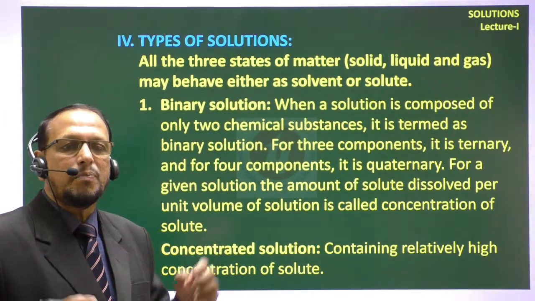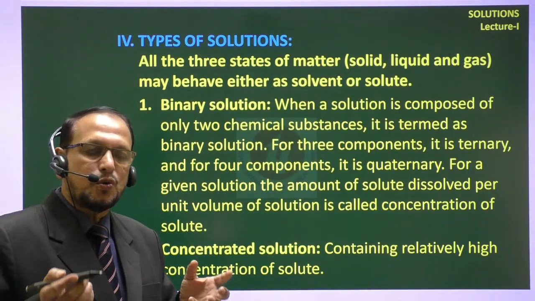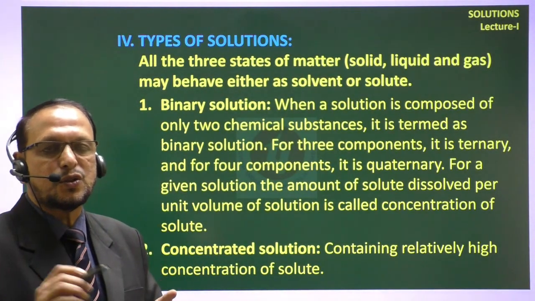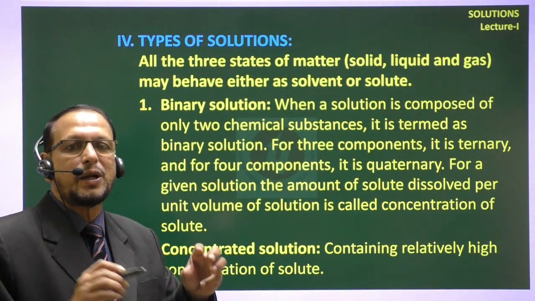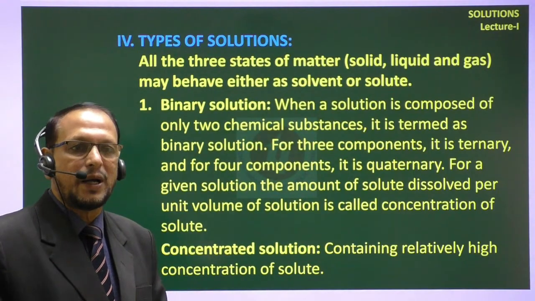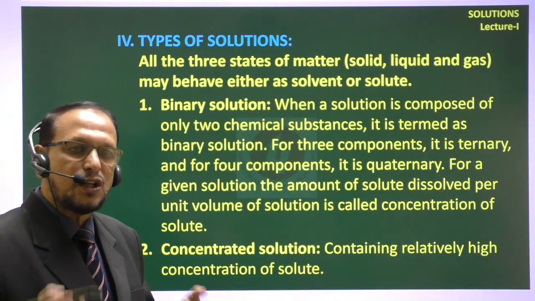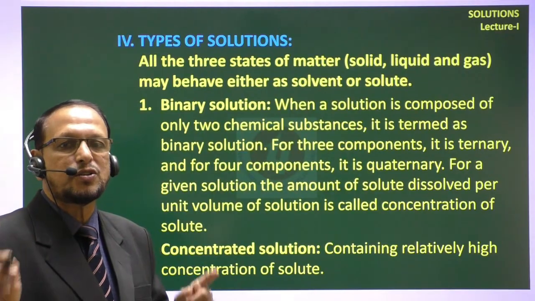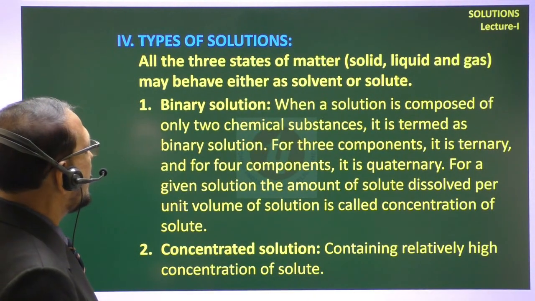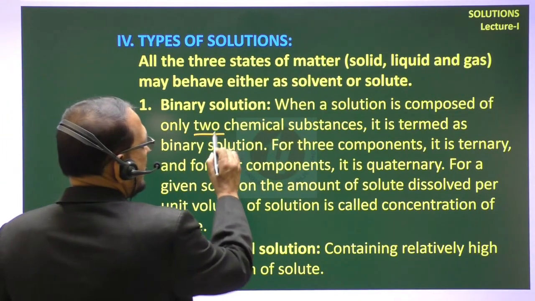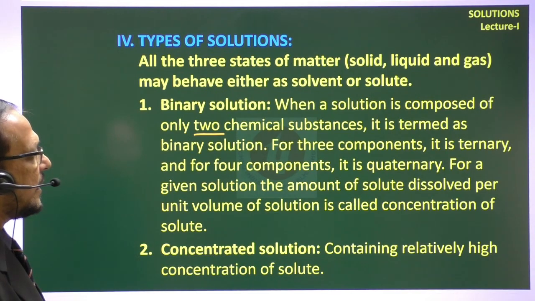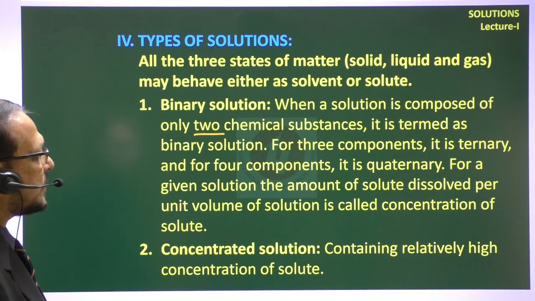If A and B are the 2 components, one is solvent, another is solute, and the mole fraction of solute and solvent together will be 1. If it is ternary, then also the total mole fraction will be 1. When a solution is composed of only 2 chemical substances, it is termed a binary solution. 3 components is ternary and 4 components is quaternary.